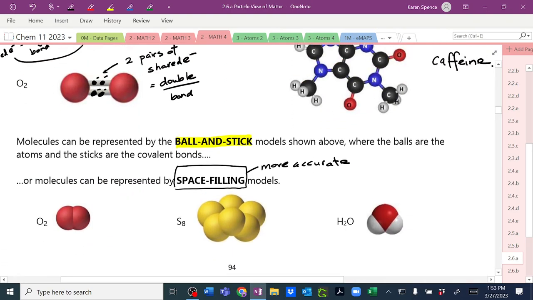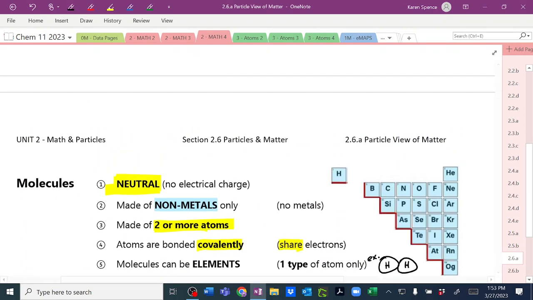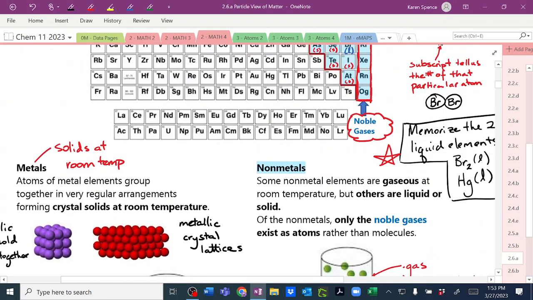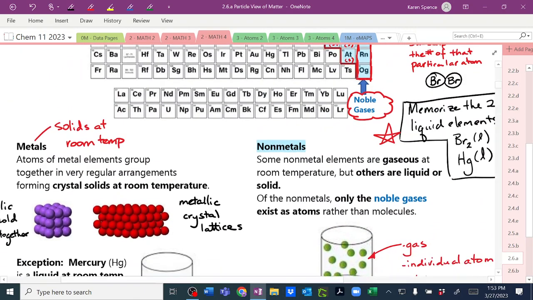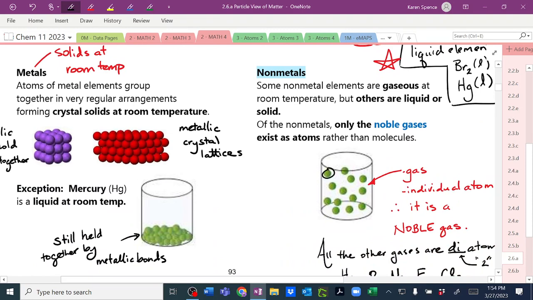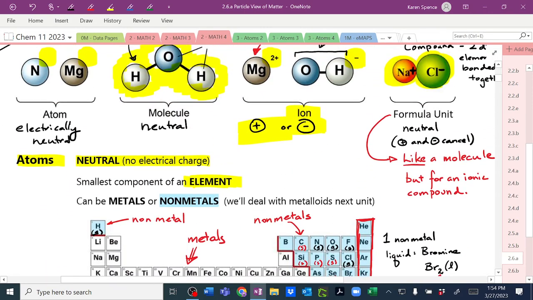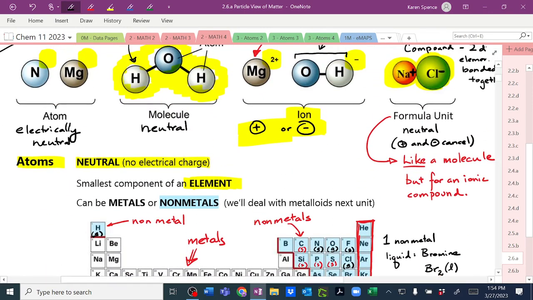We looked at atoms, which are pretty straightforward because atoms just look like that. Those were 2 of the types of particles. So we have looked at atoms, we have looked at molecules. Today we're going to look at ions and formula units. Okay?